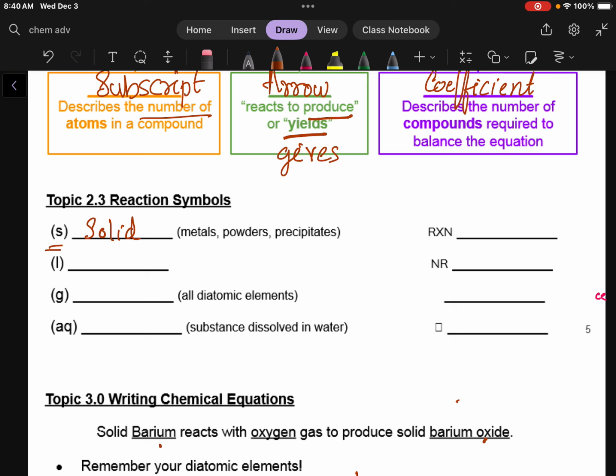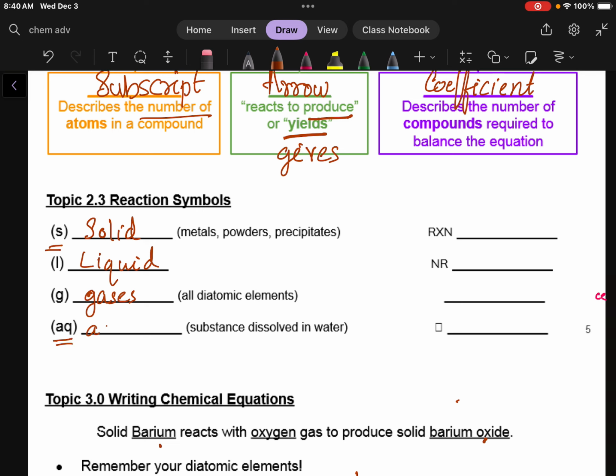And liquids, everything in blue, there are two, mercury and bromine, that is called what? Liquid. And if they are red color, they are called what? Gases. And among gases, there are some diatomic, remember hydrogen and others, 7 elements, they are diatomic.